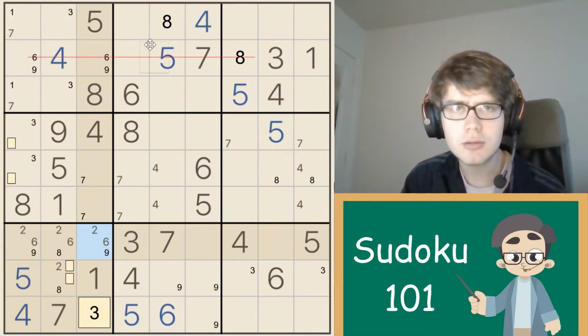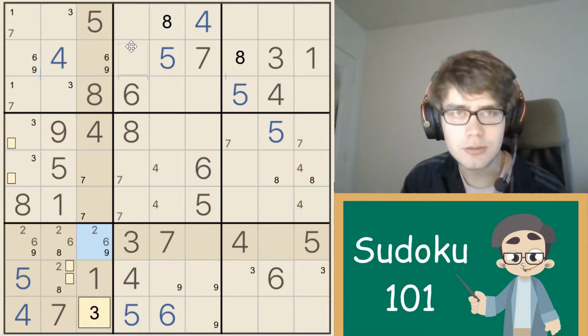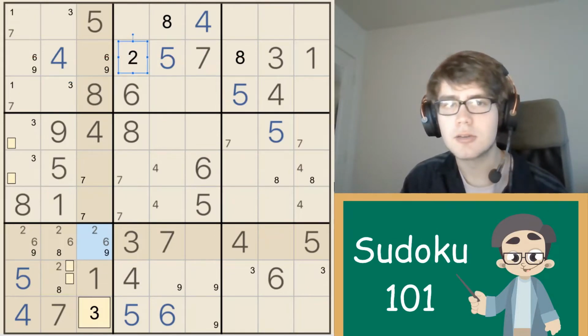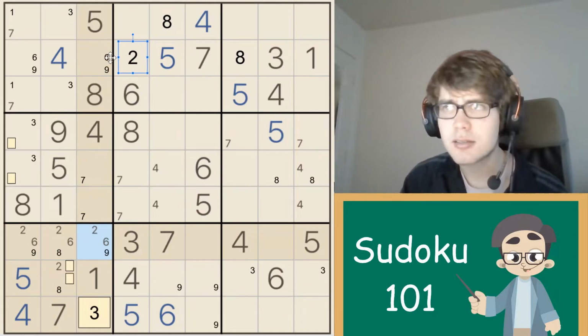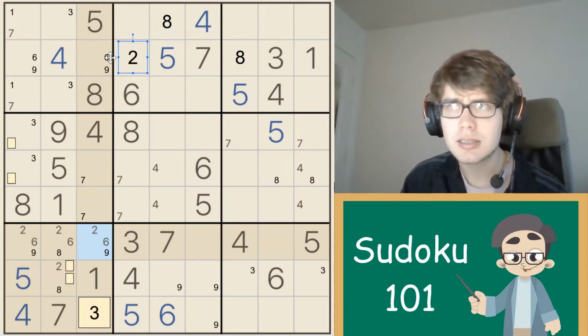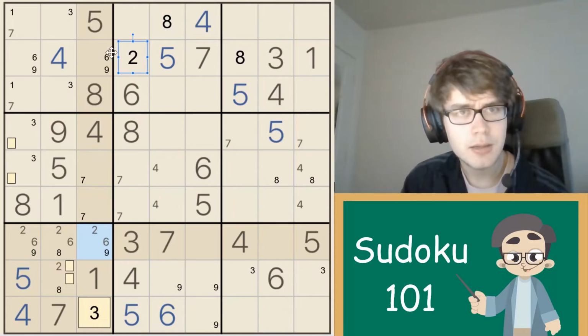Only the 2 can be here. So that's how I got the 2. Now, continuing on with that line of thought, the 6 can only be here or here in this box, right? Because it has to be somewhere in this row.